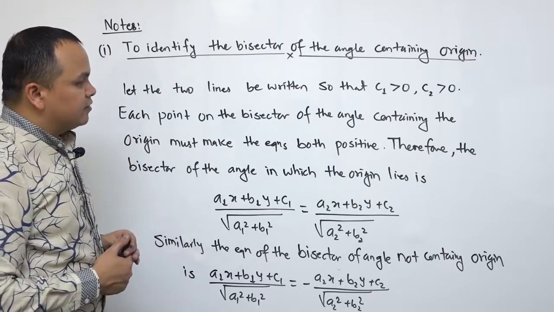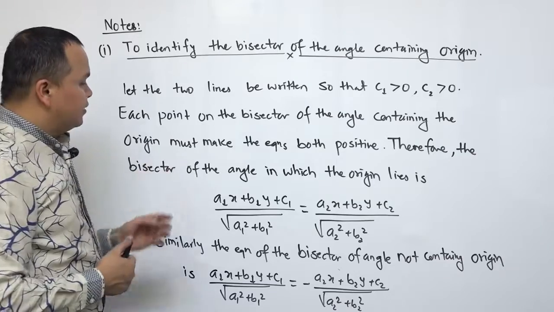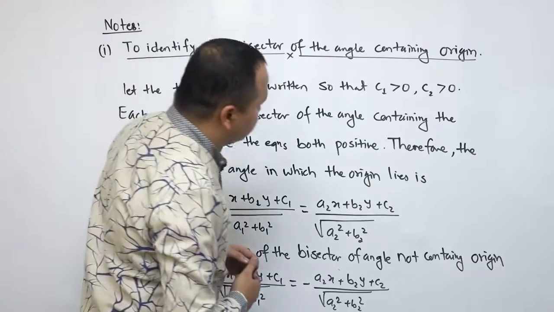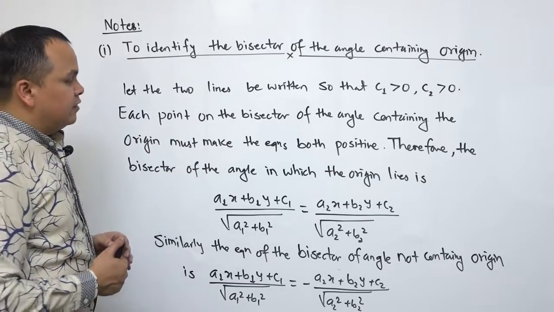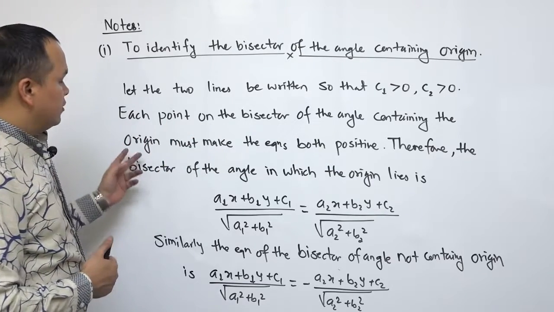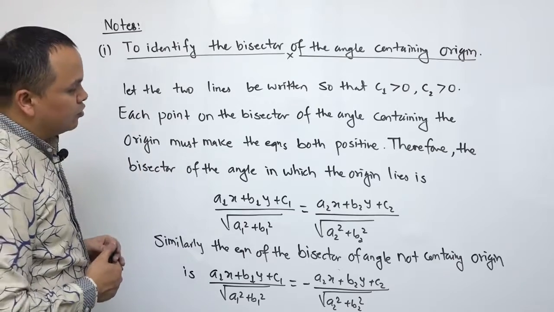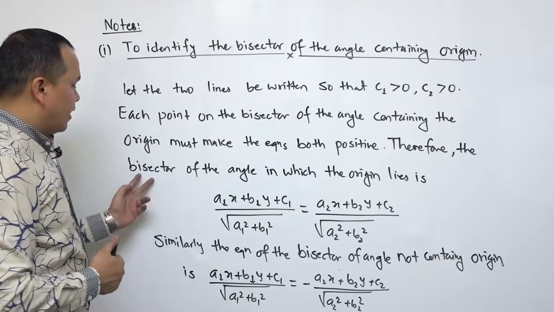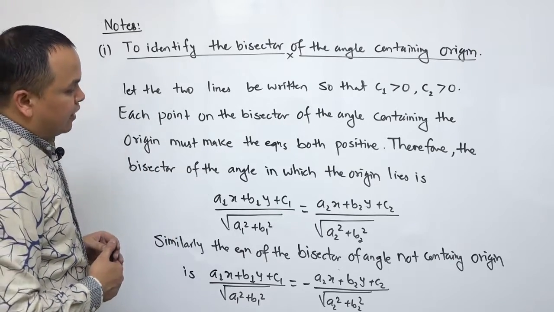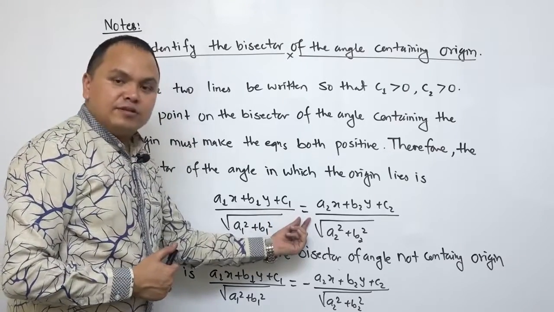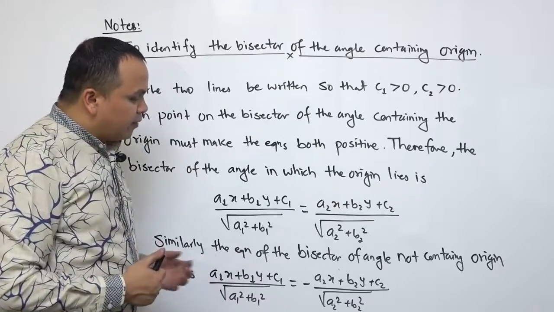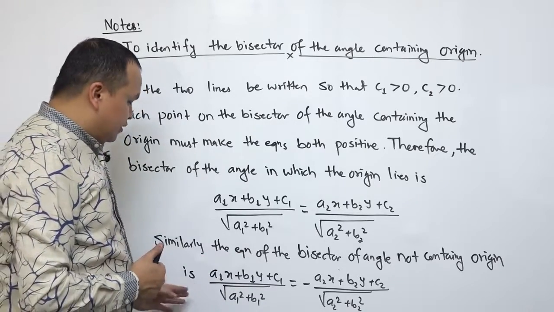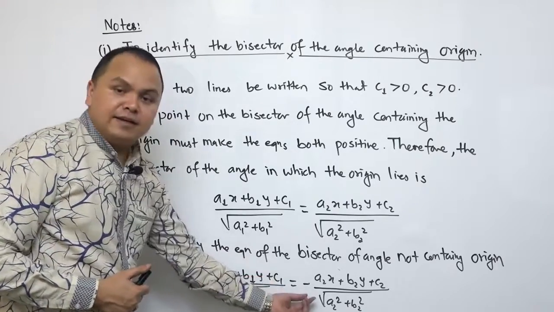Each point on the bisector of the angle containing the origin must make the equation both positive. Therefore, the bisector of the angle in which the origin lies is taking positive sign. Similarly, the equation of the bisector of the angle not containing origin is taking negative sign.